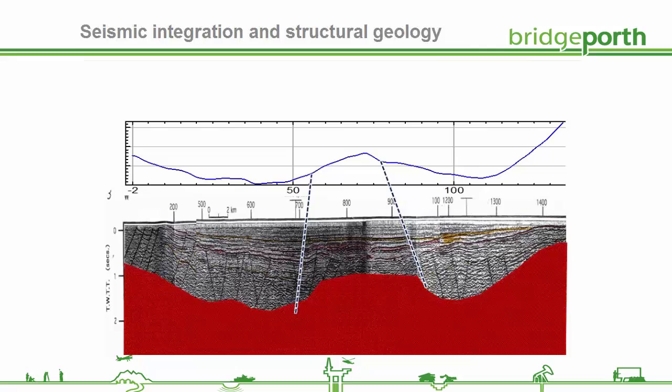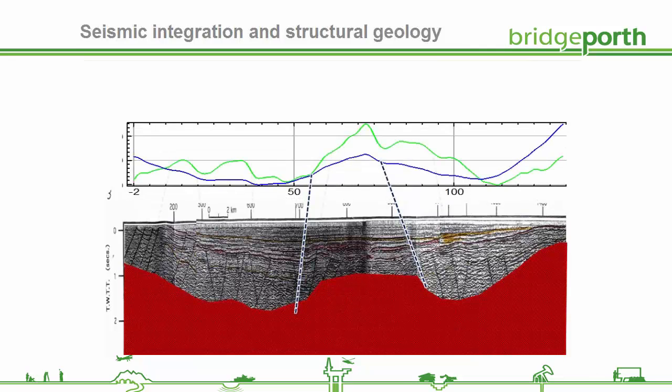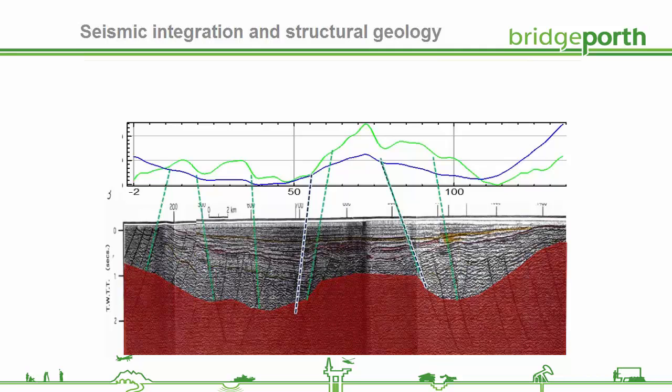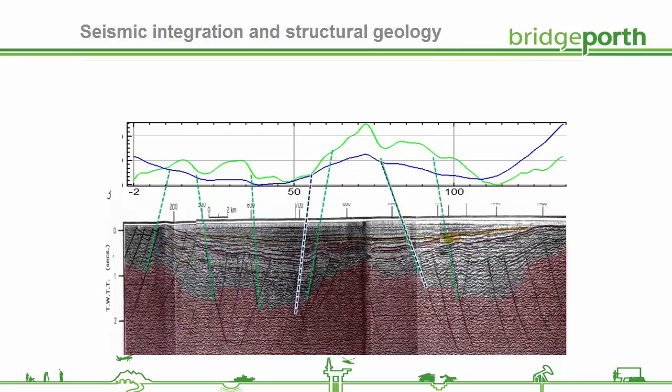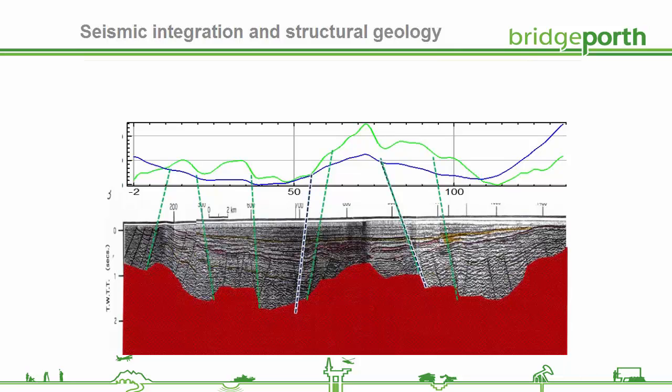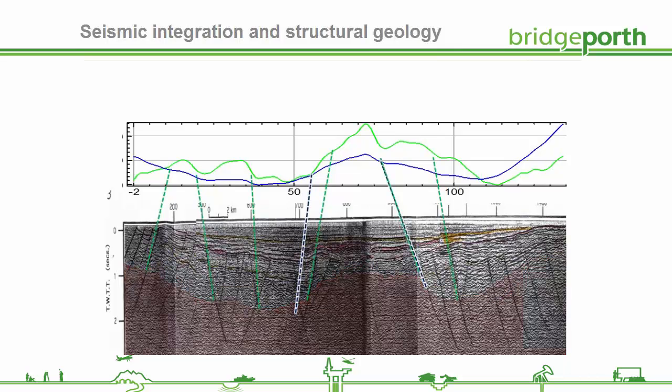So with that filter in place, you can map some extra features, some extra trends and structures, and you can refine that basement and get a more detailed, better looking basement structure. And then effectively you can do the same thing again and push the data as far as its resolution or its survey parameters allow.